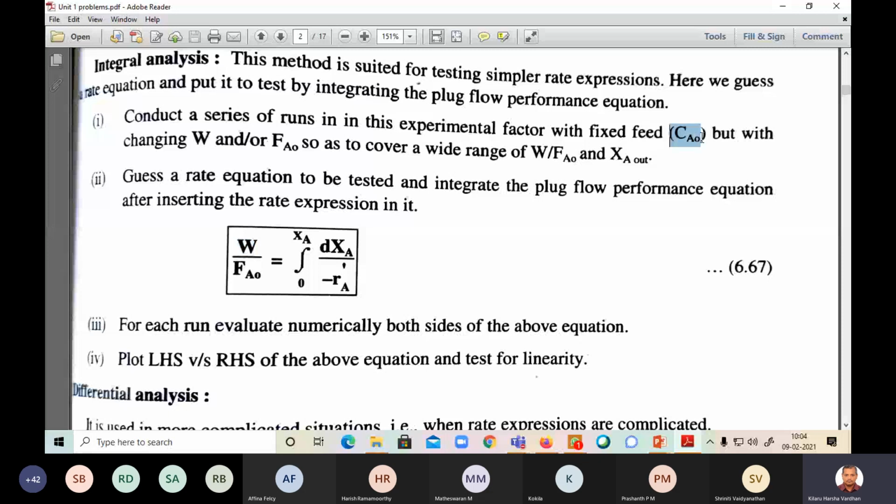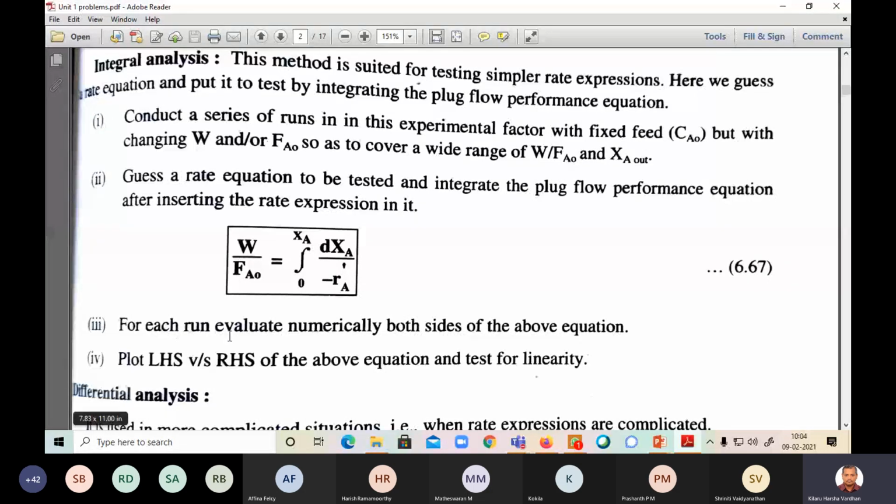Keep your CA naught constant and change the amount of solids in the reactor, or you can change the flow rate also, so as to cover a wide range of W by FA naught and XA out. Guess the rate expression to be tested. Integrate the plug flow equation, where minus RA you can put as K into CA, inserting the above rate expression.